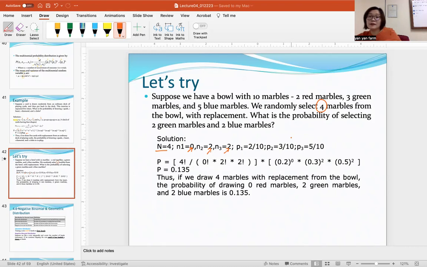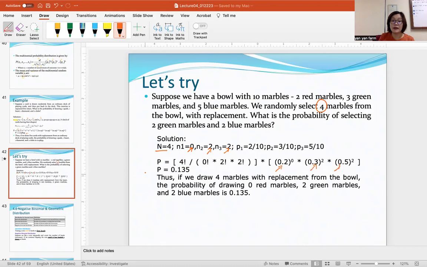The probability for me to get the blue marbles is 5 out of 10, because I have 5 blue marbles. Okay, so among 4 trials, I have no red marbles, 2 green marbles, 2 blue marbles, and these are the successful rates of each of them.